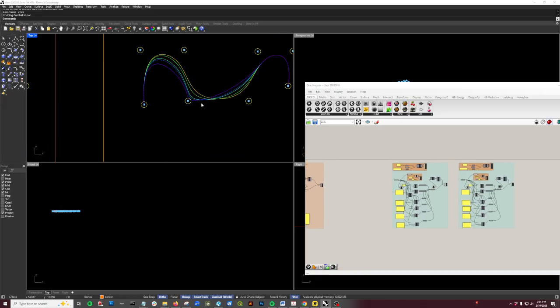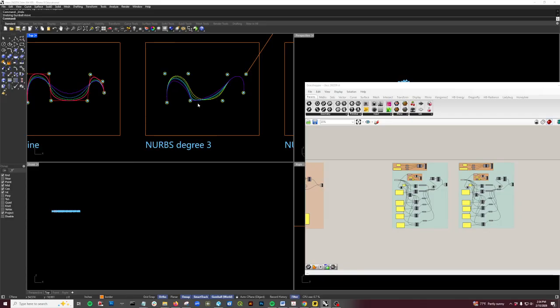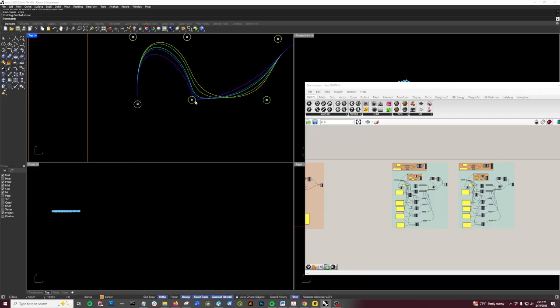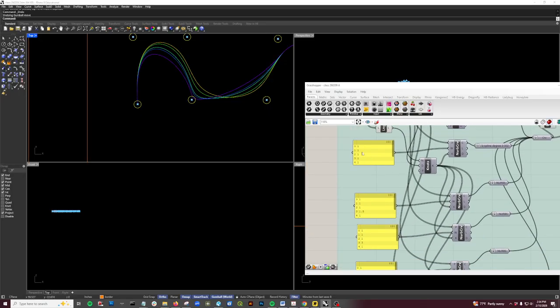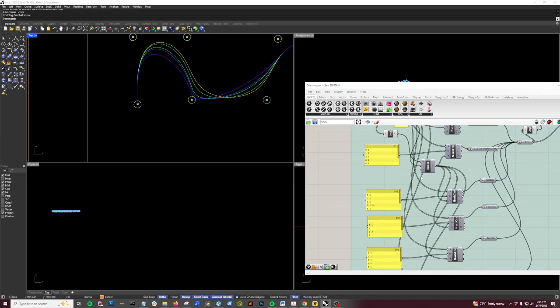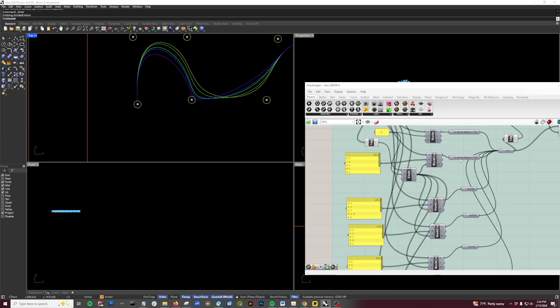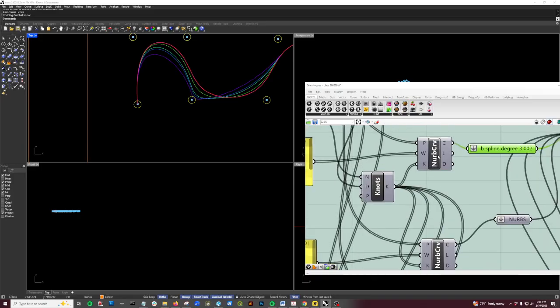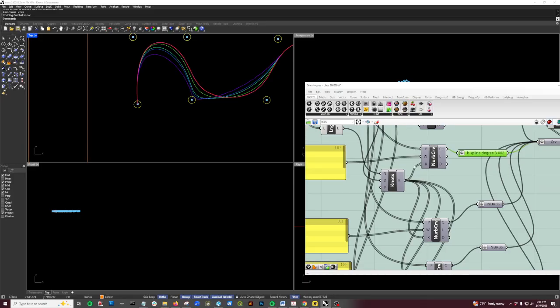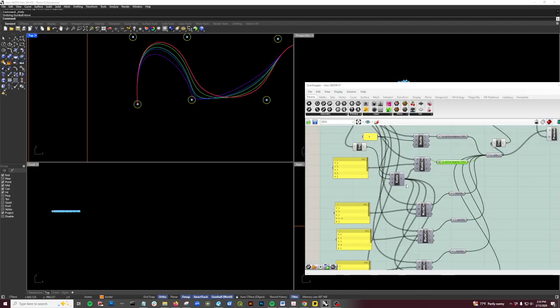So here you can see in this degree 3 NURBS curve, I'm showing the same degree 3, but I'm showing the first one, this one, is what happens when I'm giving equal weight using the NURBS curve component.